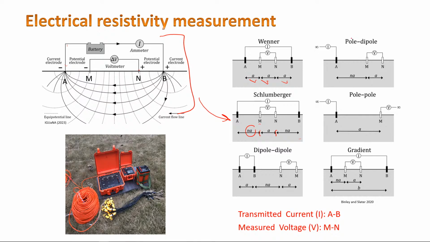You can do pole dipole, you can do pole pole, you can do dipole dipole, you can do gradient. So there are different configurations, and the details of these different configurations are not important for this lesson.